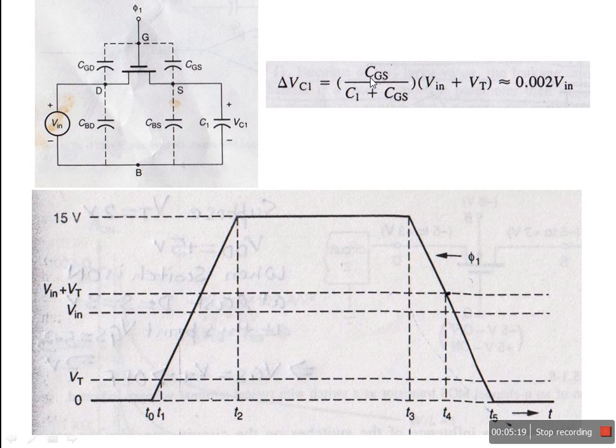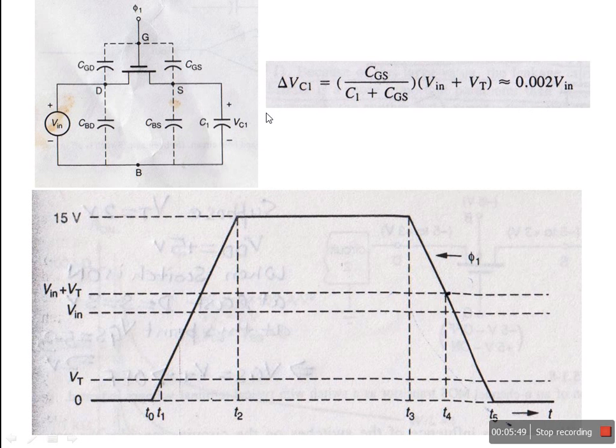If we take the normal values, the C1 can be 1 picofarad, CGS can be in the range of femtofarads, and we take it like 2 femtofarads, say. V in we know is 5 volt, VT you can take 2 volts. So this will come to 0.002 V in. By this value, this voltage will be decreasing.